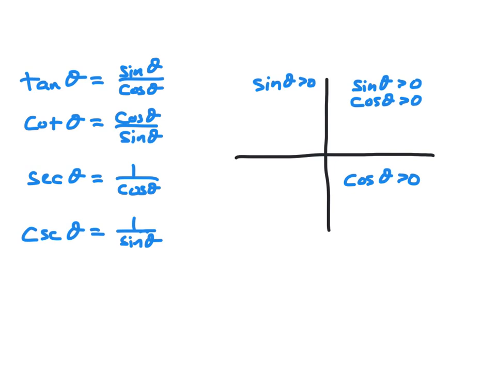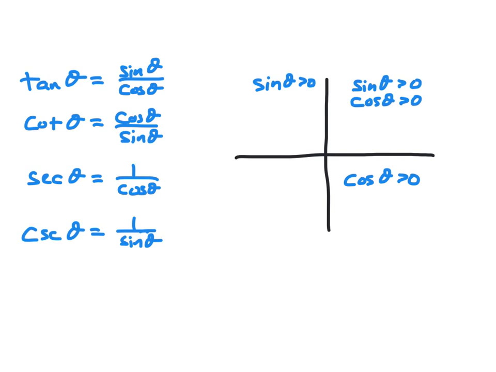For an example, let's consider the tangent function in the first quadrant. We know that tangent is sine divided by cosine, and in the first quadrant, both sine and cosine are positive. And so in the first quadrant, tangent would be a positive number divided by another positive number, and therefore tangent would be positive.